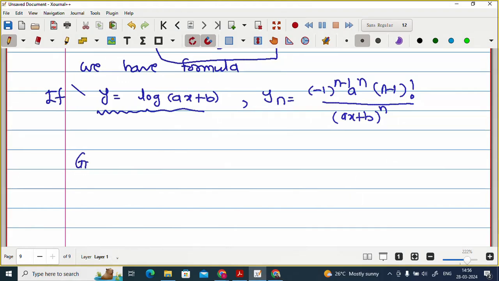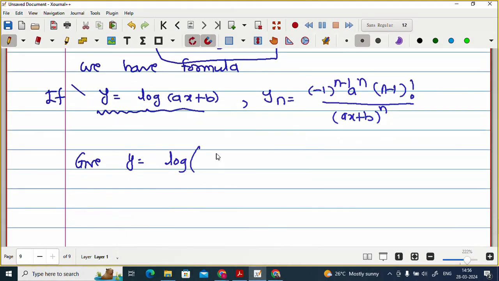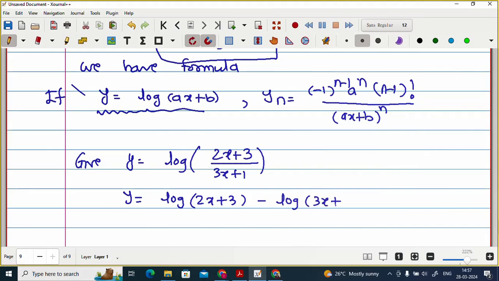Given y is log of 2x plus 3 upon 3x plus 1. Now this, by the property of log, it is log 2x plus 3 minus log 3x plus 1. Now take nth derivative simply.